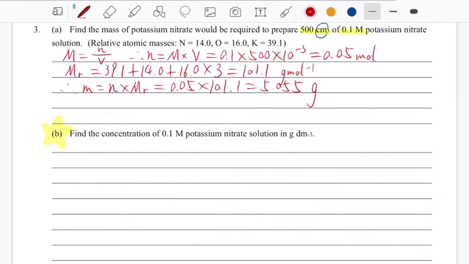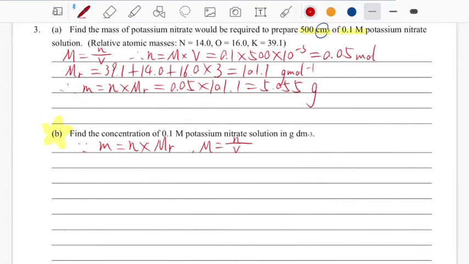Remember, we know the mass equals number of mole multiplied by molar mass. And we also know molarity is number of mole over volume.